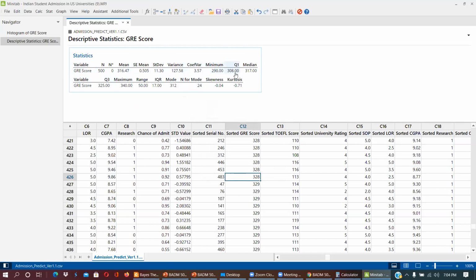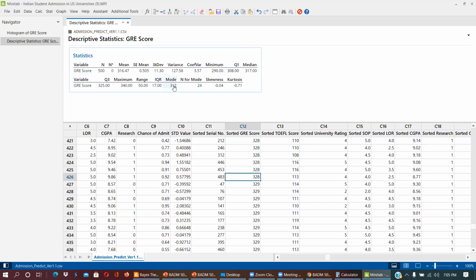Q1 means the 25% limit, minimum is 290, Q1 is 308, at the 50% limit, median is 317, Q3 is 325, where 75% of data is there. Highest value is 340, range is 50, meaning highest value minus lowest value, so highest 340, lowest 290, the range is 50. Interquartile range is Q3 minus Q1, so 325 minus 308, 17 is the interquartile range.